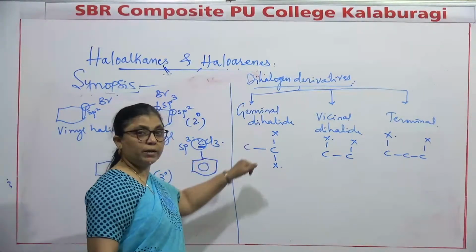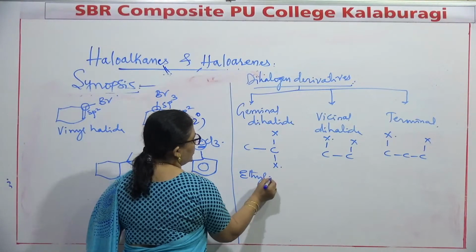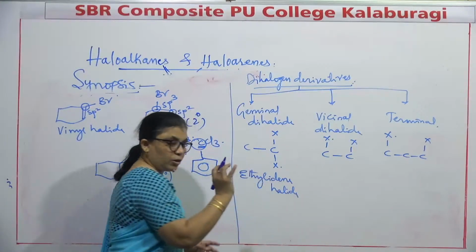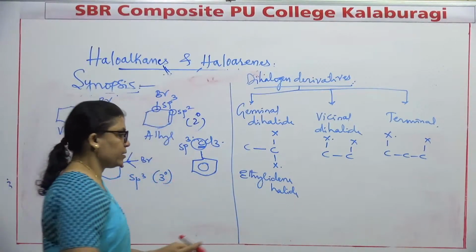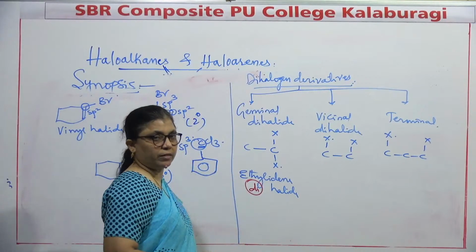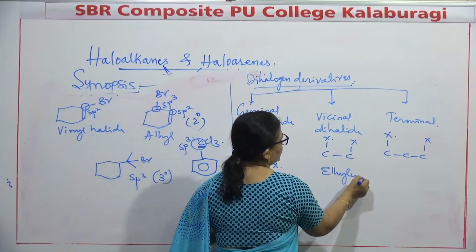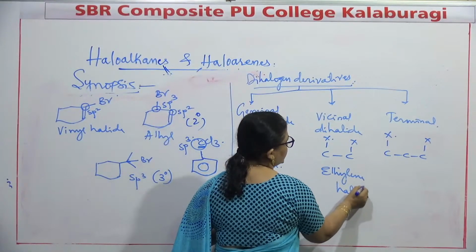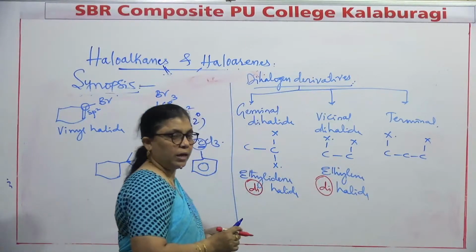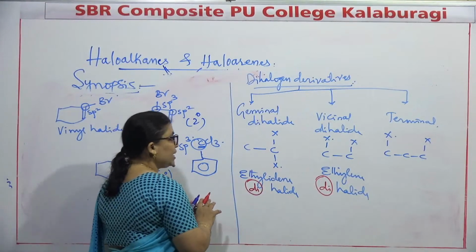Remember one thing. Geminal are usually called as ethylidene halide. If you are calling di or not doesn't matter. It doesn't make much difference. Same way, ethylene halide. Di you can call, you cannot call. That's why whenever we are calling ethylidene halide, we can call it as alkylidene halide.